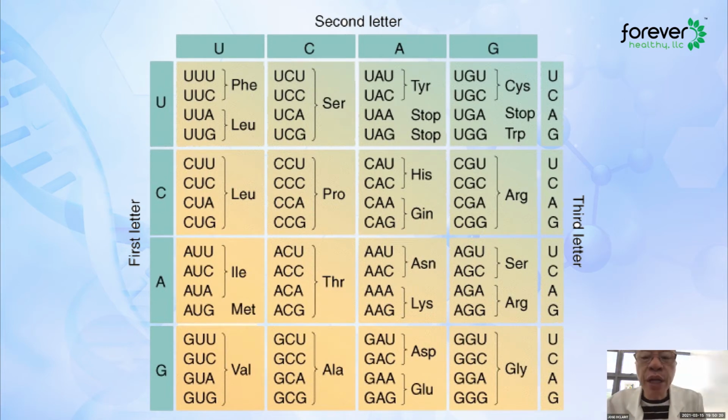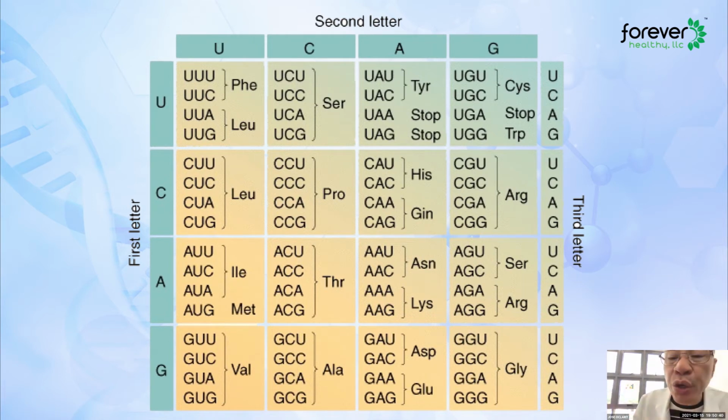That's why if you ask me what the importance of the redundant codes is, it is to prevent mutation from occurring in our body. Let us thank the Lord for those redundant codons. For example, in this table, please look at arginine or ARG.